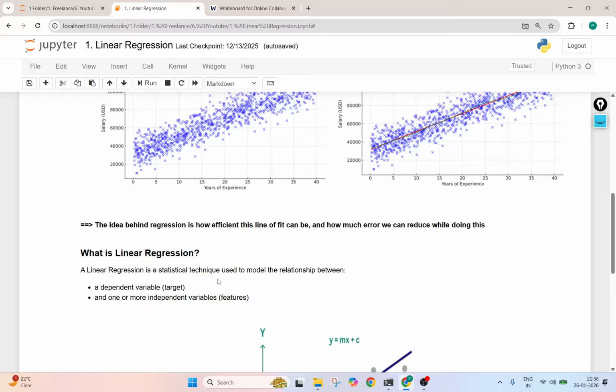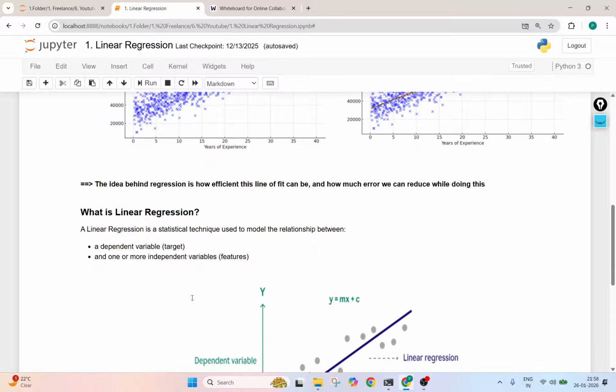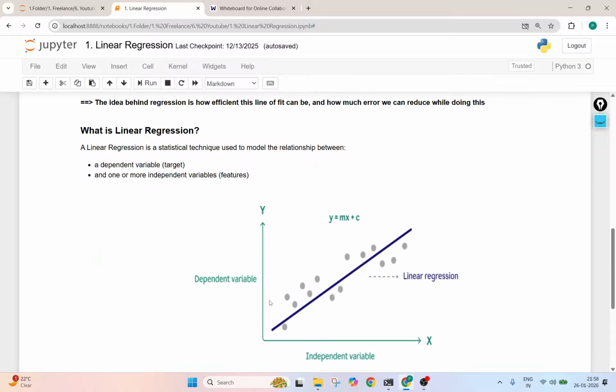So linear regression is what? It's nothing but a relation between the target variable, that is salary over here, and the independent variable or the features here, which is years of experience, right? It is simply a straight line. And I believe we all know what is the equation of a straight line.